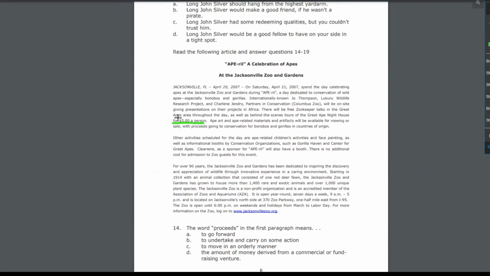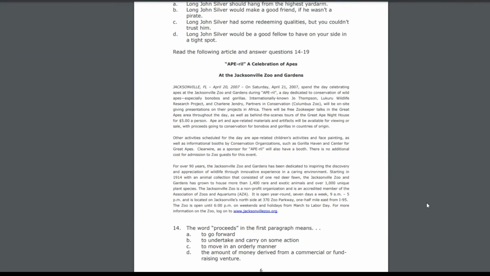So remember, this first paragraph is talking about that specific event. The last paragraph is actually talking about the zoo and the facts about the zoo. They give us time, they give us the location, but nowhere here in the general sense of it are they telling us how much the general admission is.